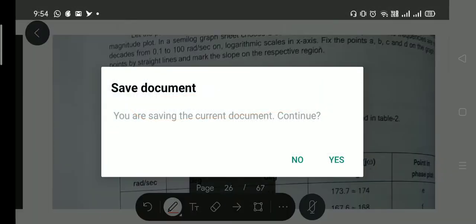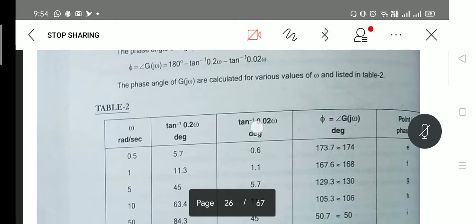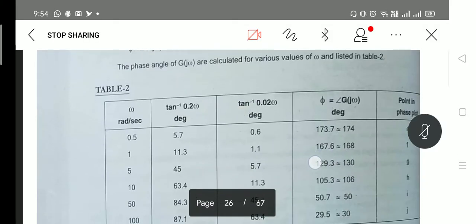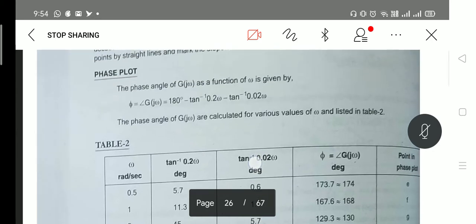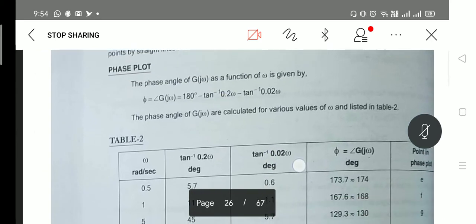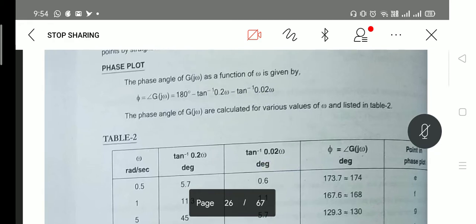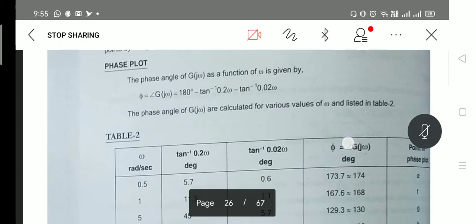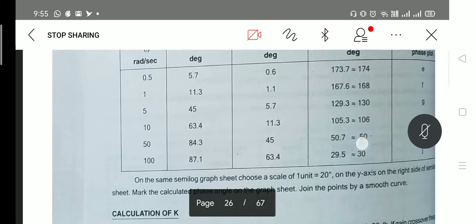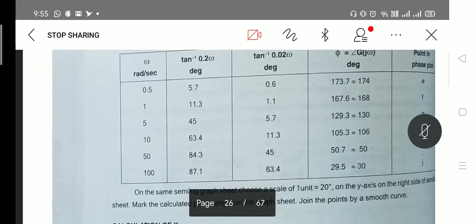Next, we can take one tabular column: omega corner frequencies, tan inverse 0.2 omega in this column, tan inverse 0.02 omega in this column, and all phase values will be represented here. First I am taking 0.5, the lower frequency.